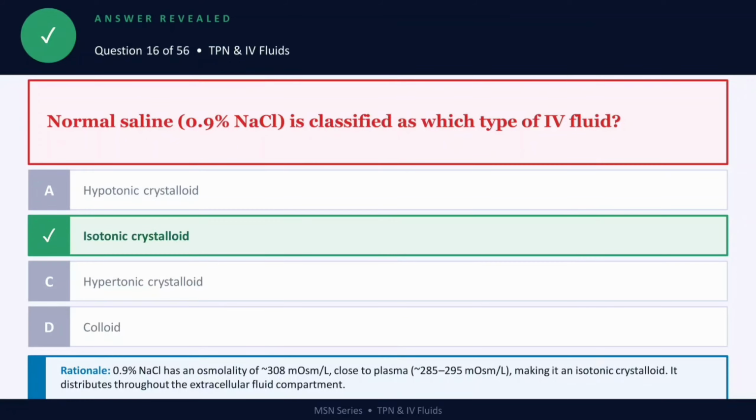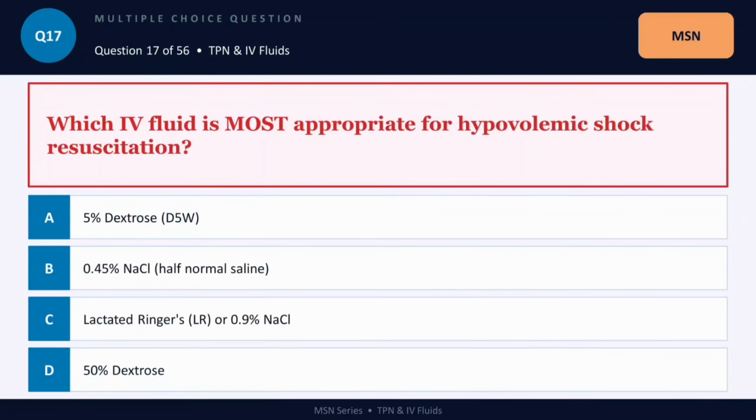Rationale. 0.9% NS has an osmolarity of approximately 308 mOsm per liter, close to plasma, approximately 285 to 295 mOsm per liter, making it an isotonic crystalloid. It distributes throughout the extracellular fluid compartment.